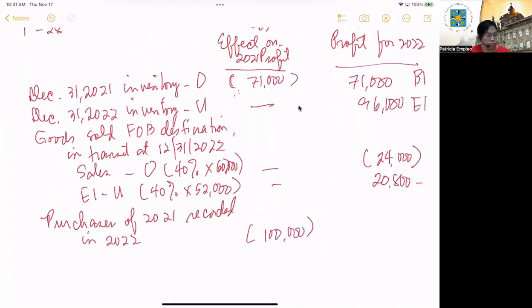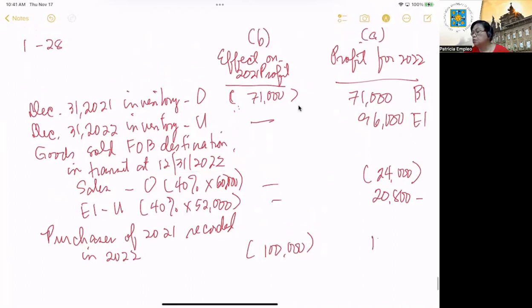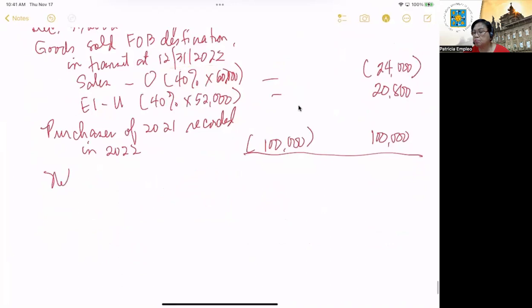And then these are purchases of 2021, but they were recorded as purchases of 2022. Therefore, purchases of 2022 were overstated. So if expenses were overstated, that means that profit would be understated. Okay, therefore, this is the net effect on profit.